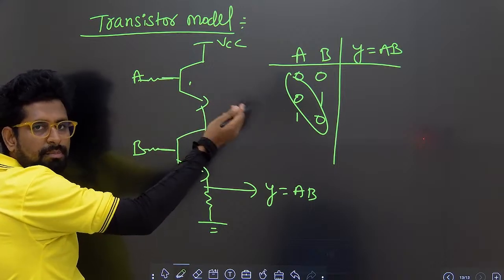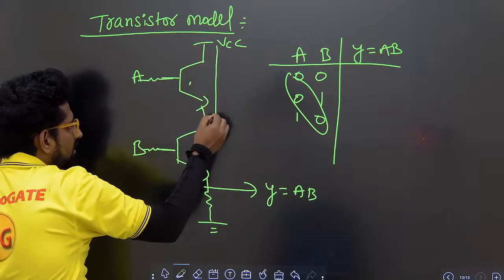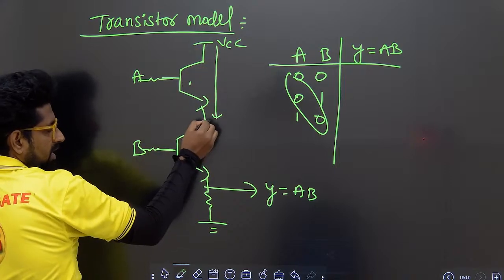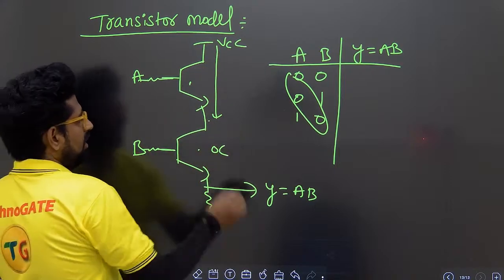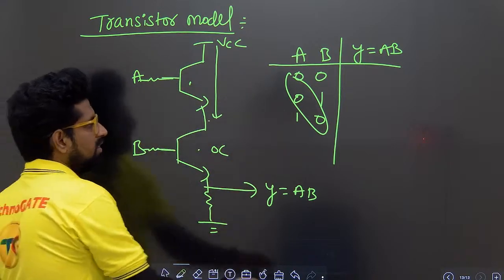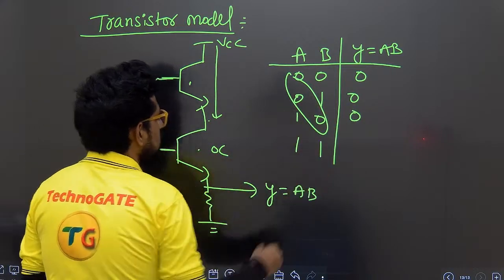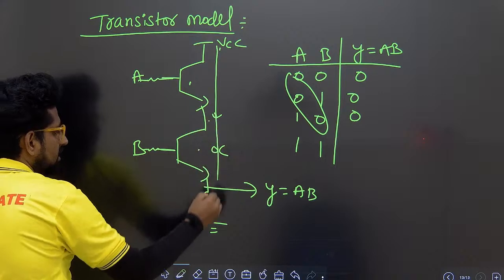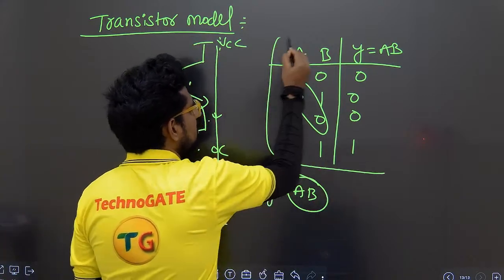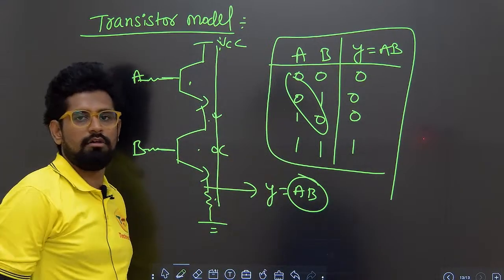Off means open circuit, and open circuited means VCC will never flow through. If both are zeros, both are open circuited, there is no path, hence the output is 0. If both are ones, both transistors are shorted, then the output will be caught here. So the output is 1. This is the transistor model of AND gate.